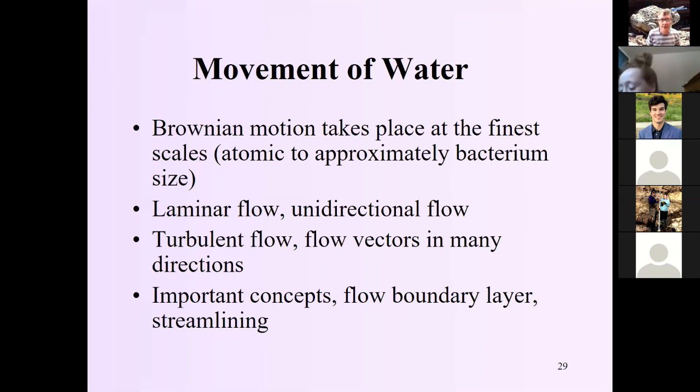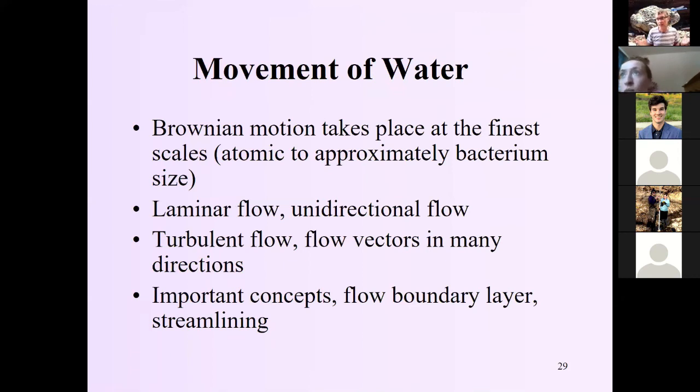We don't experience that at our scales. We're being bombarded by air molecules all at the same time from all directions. If for some reason all the air molecules on one side of me hit me at once, and none of them hit me on the other side, it's possible, but highly, highly improbable, and would never happen. It would just throw me across the room and splat me against the wall and I'd be done, right?